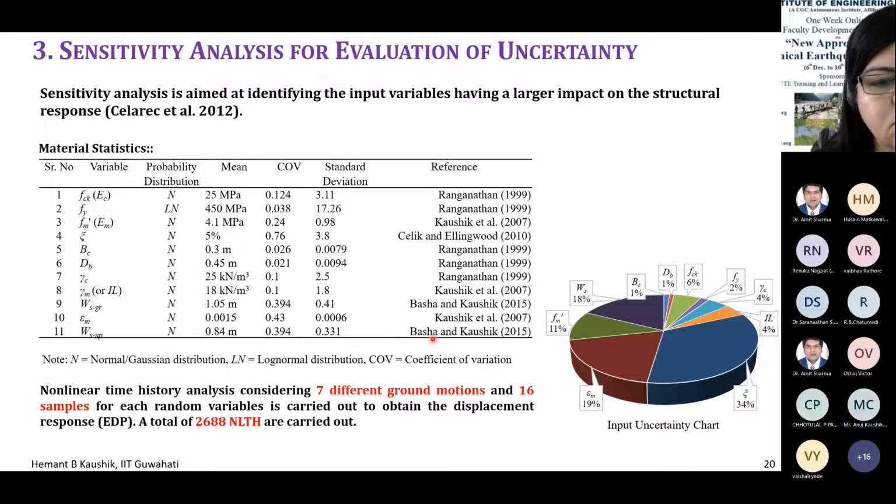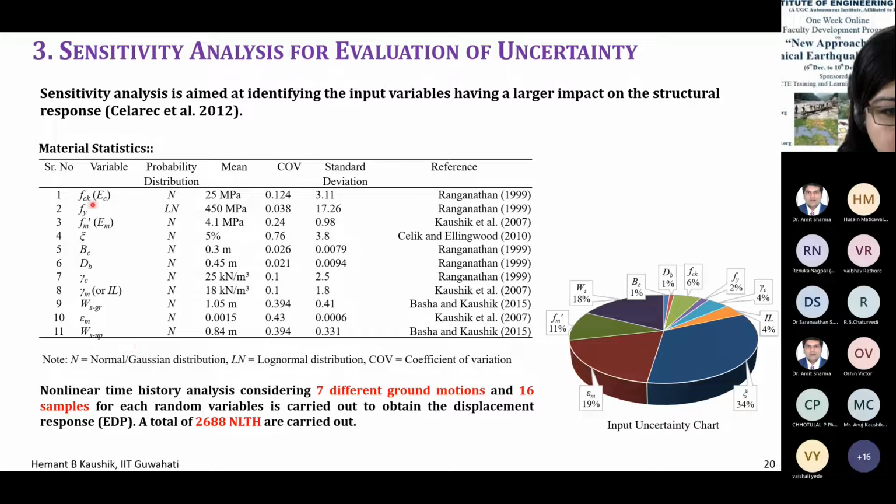The next part of study is estimating the sensitivity for these random input parameters. So we need this sensitivity analysis in the next stage also for evaluation of uncertainty. So the sensitivity analysis is carried out on these 11 parameters.